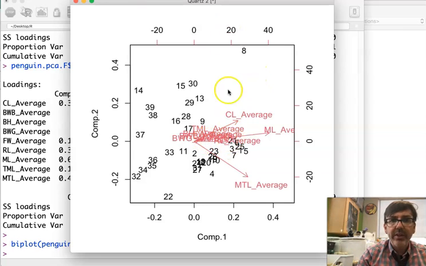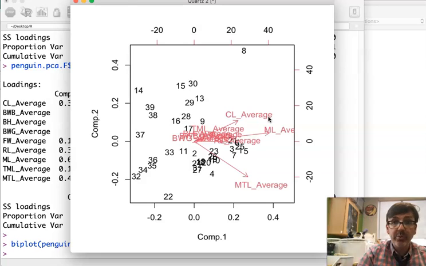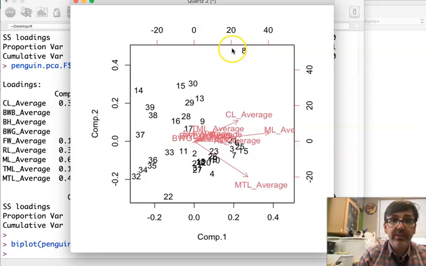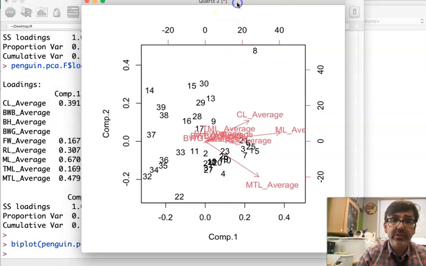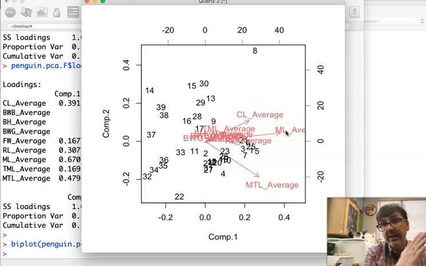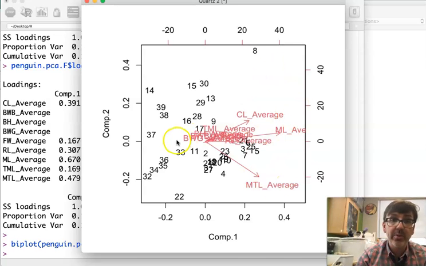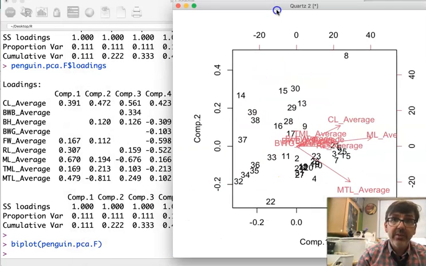And the bigger the arrow in the direction in the dimension we're interested in, the more meaningful, the bigger the significance. So in this particular case, we can see here that MTL was big and negative in component 2, and that's why it's going down. And that all these things were roughly of the same magnitude in the positive sense when we were talking about component 1.